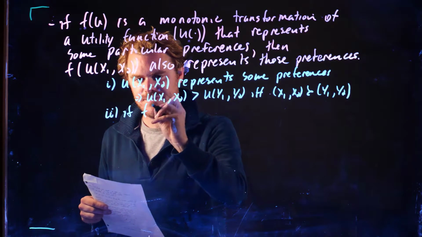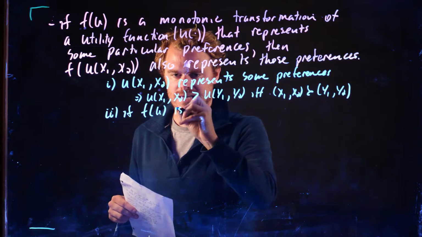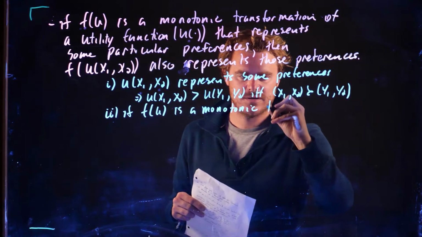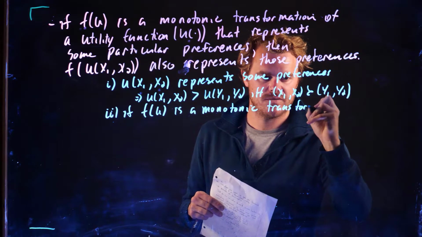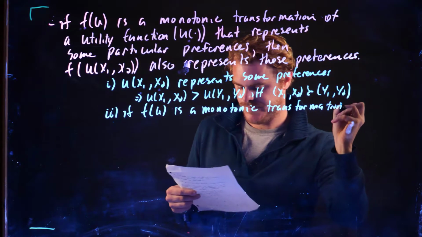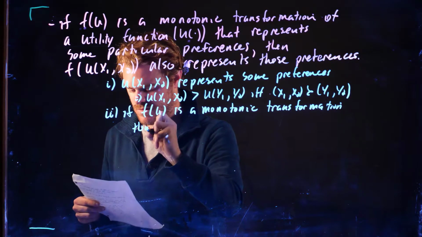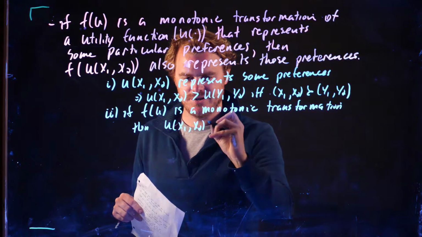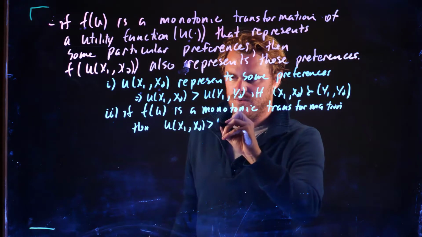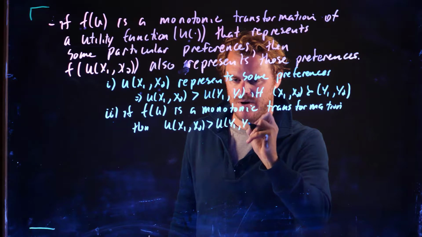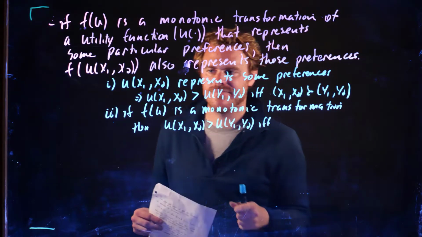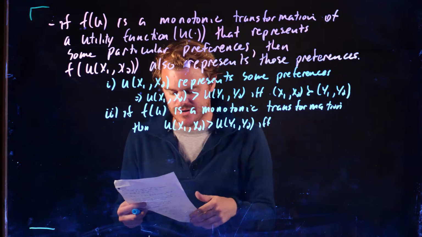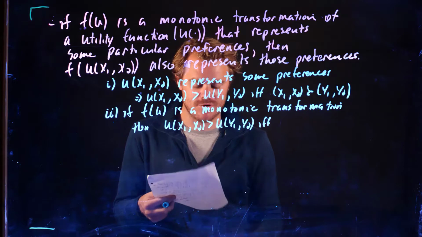And then if f of u is a monotonic transformation, then u(x1, x2) is greater than u(y1, y2) if and only if, applying this monotonic transformation to each of these bundles, you're going to have the same relationship.